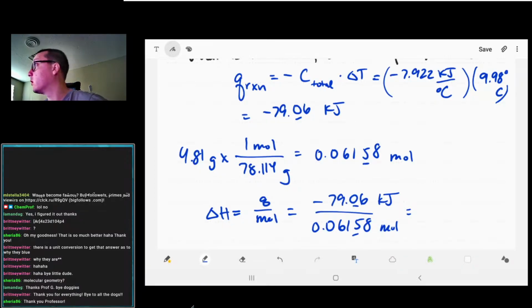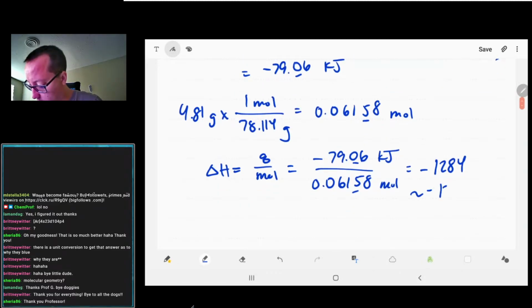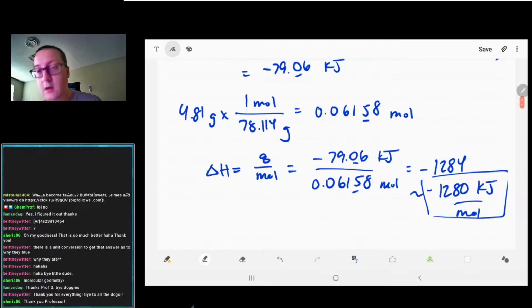What did I do wrong here? Because I didn't put parentheses. That's better. Okay, so then I got negative 1284, actually, which should be rounded to negative 1280 kilojoules per mole, and that is our answer.